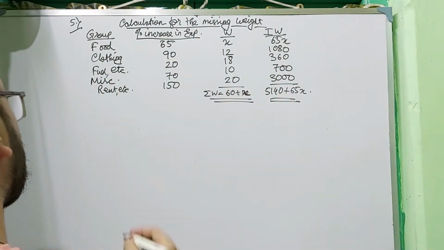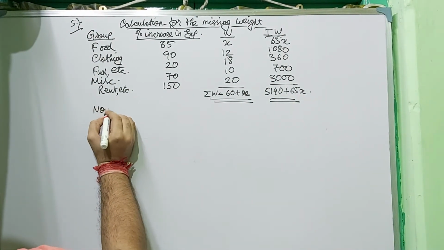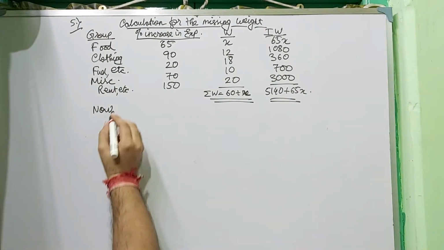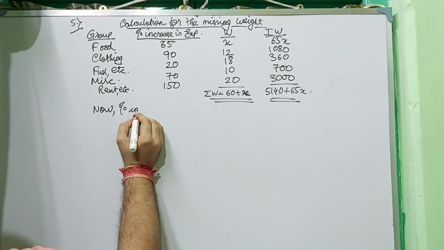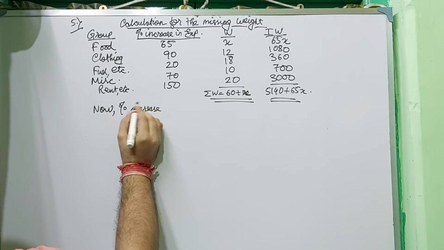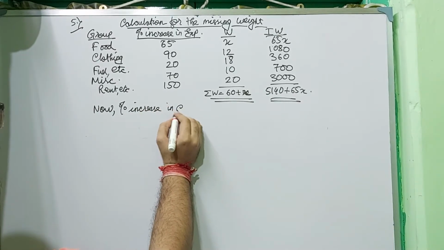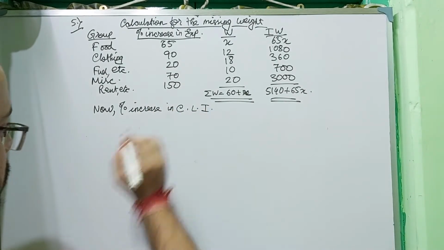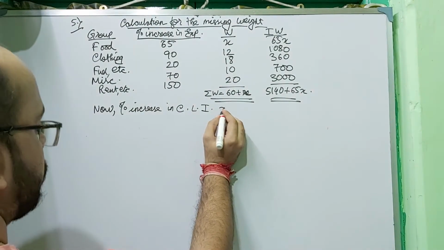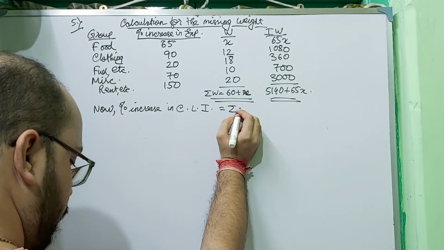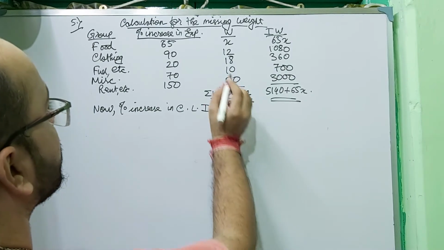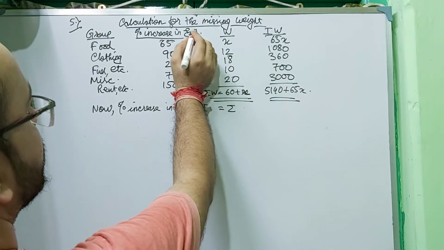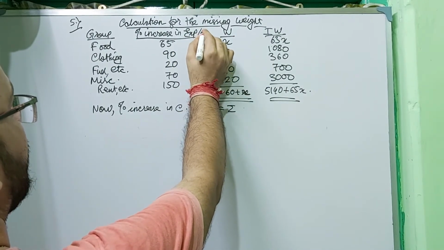Okay, now the percentage increase in cost of living index, in short CLI, is equal to, we know, the summation of the percentage increase given, which is basically I dash.